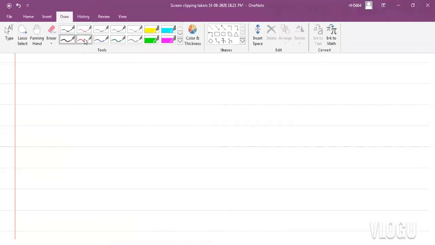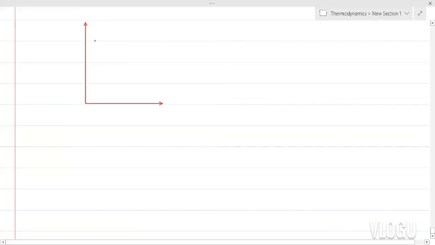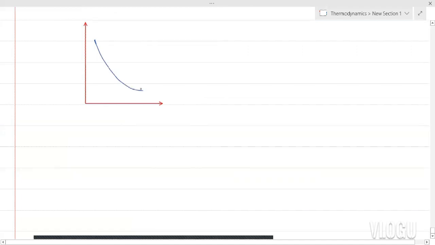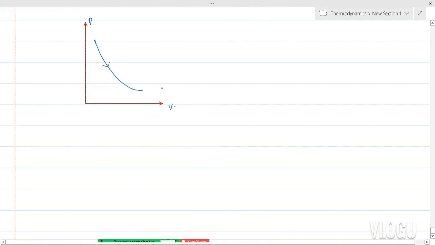Similarly, sometimes we have a graph related to the isothermal process also. Whenever we see a rectangular hyperbola graph like this in PV, we will understand that the temperature is constant.